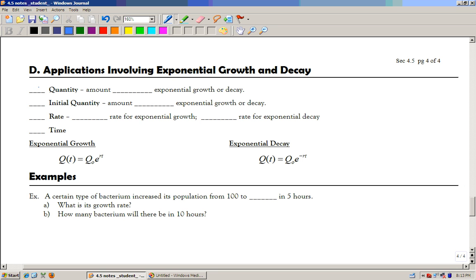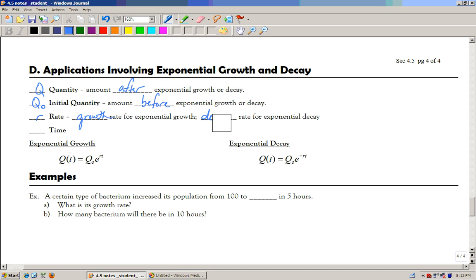In growth and decay, Q we're going to call the quantity, the amount after it starts growing exponentially. Q sub 0, that subscript means the initial amount, the amount before any growth or decay happens. R we're going to use for the variable for rate, whether it be a growth rate or a decay rate.